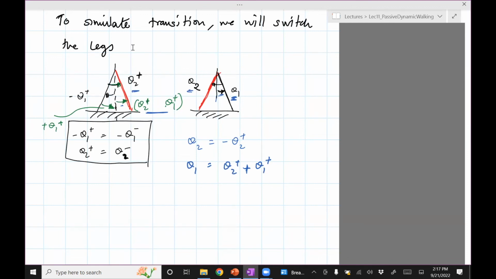So theta2 positive is the angle. We draw this. This is theta1. This is theta2. And that's the convention, which is this is the stance leg, swing leg.